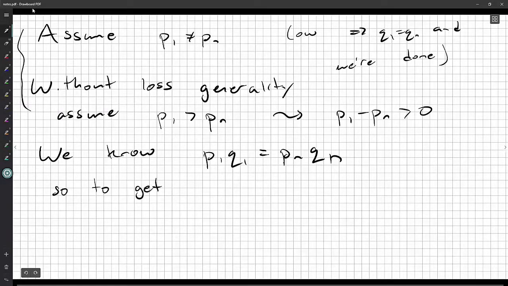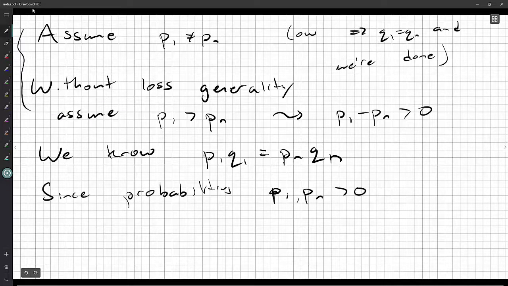So here's what I can say. Since probabilities P1 and Pn are greater than 0. Why do they have to be greater than 0? Well, all probabilities are positive.